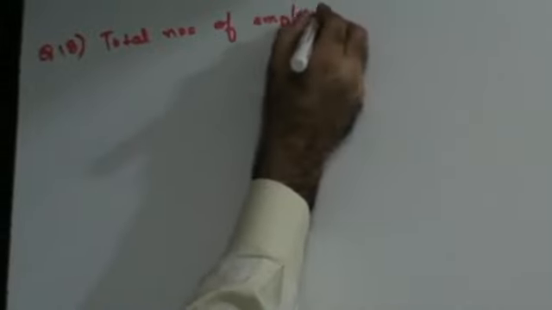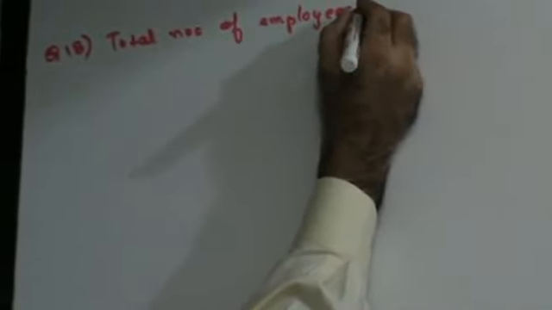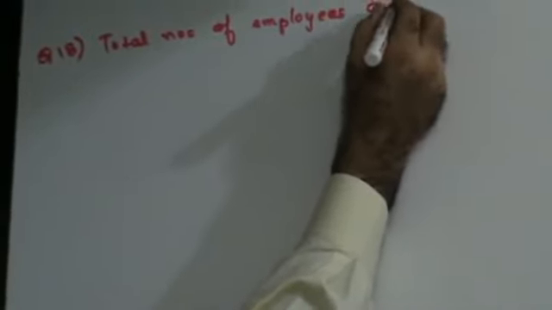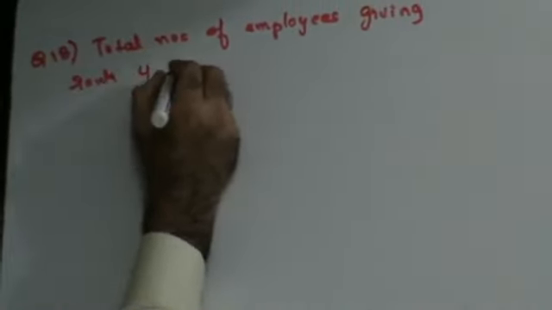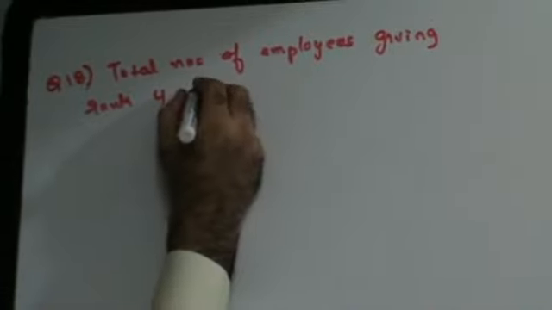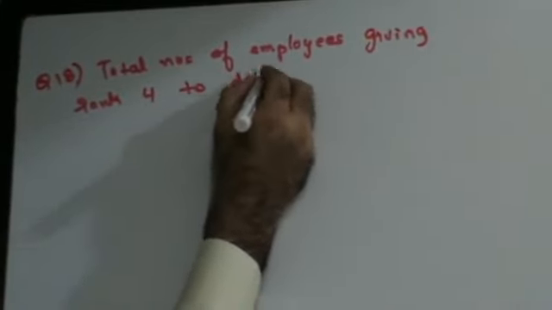That was 17. Let's consider question number 18. Total number of employees giving rank 4 to different attributes.